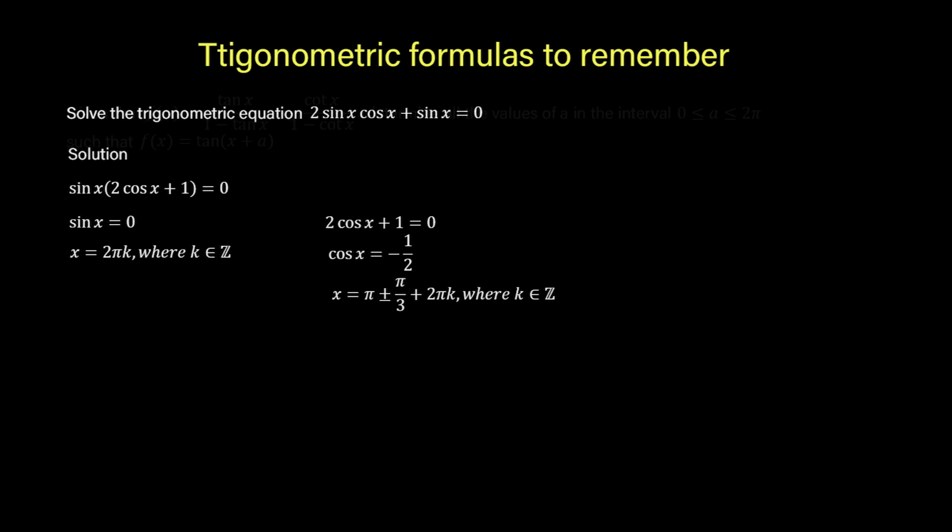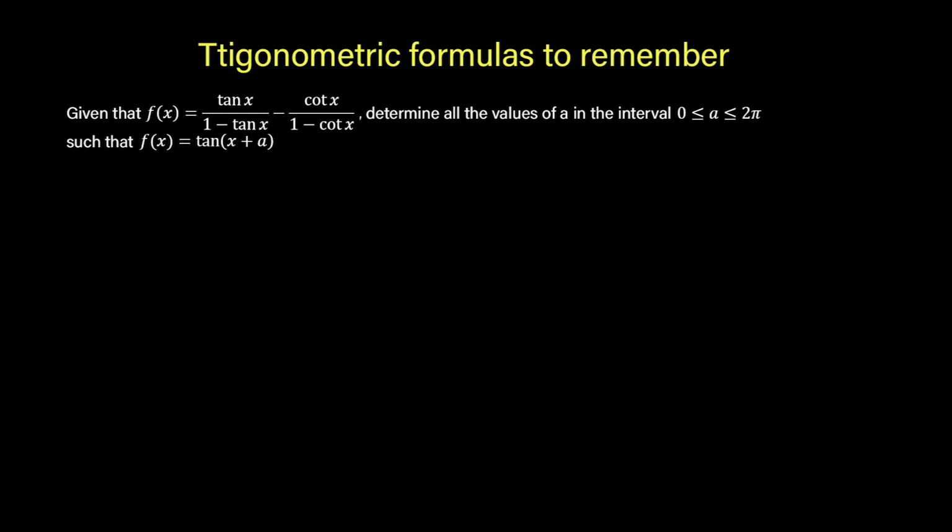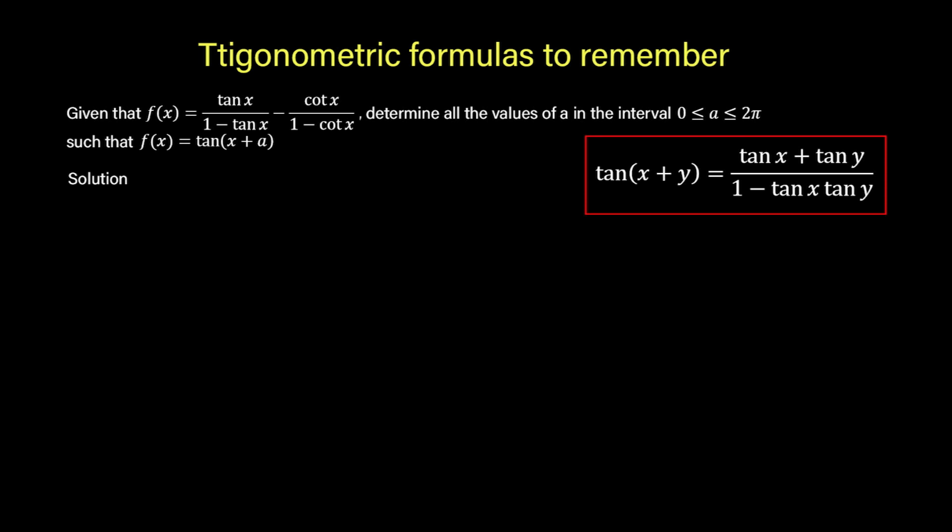Given that f of x equals tangent x divided by 1 minus tangent x, minus cotangent x divided by 1 minus cotangent x, determine all the values of a in the interval a greater than or equal to 0 and less than or equal to 2 pi, such that f of x equals tangent of x plus a. Solution. Use this formula for the tangent of the sum of angles.